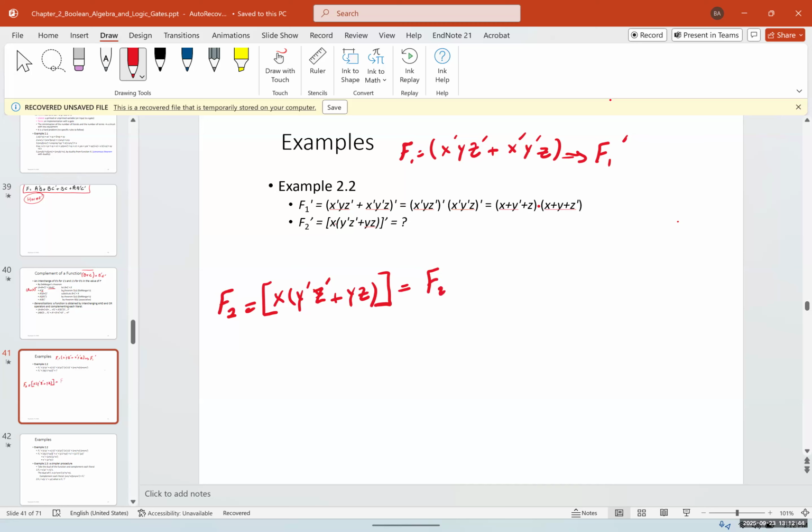We want to find f2 prime. I will give you a few minutes to think on this, then I will start solving it.